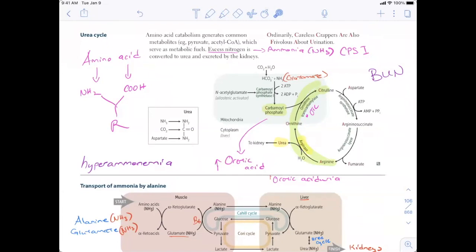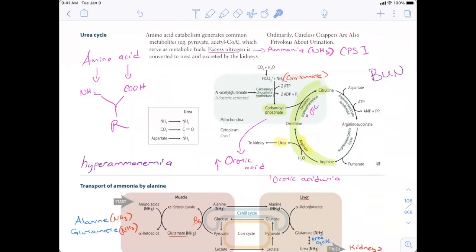Arginase is a step where arginine changed to ornithine, and in the process, we release urea that can go to the kidneys and get excreted. Okay. The other thing that's important to remember about this is your OTC enzyme, which is your ornithine transcarbamylase, right?